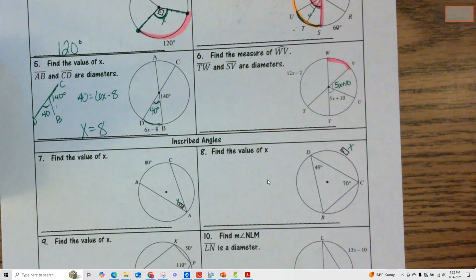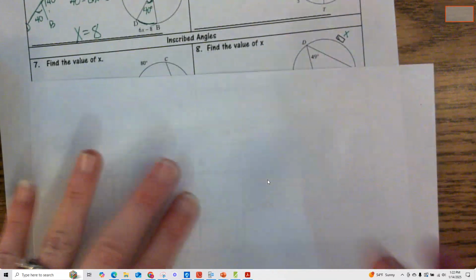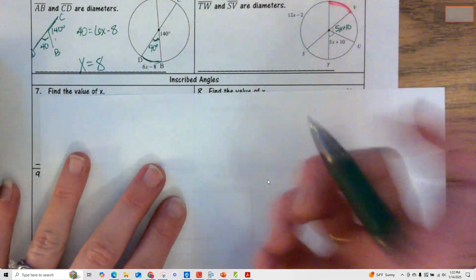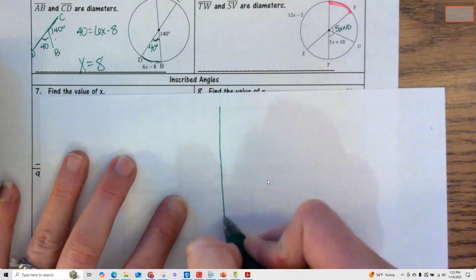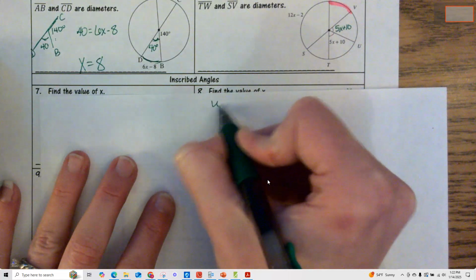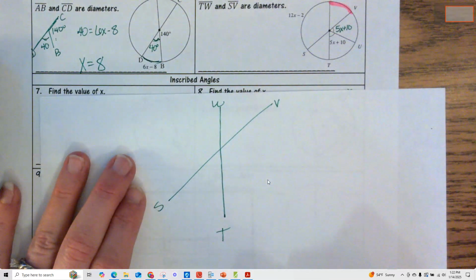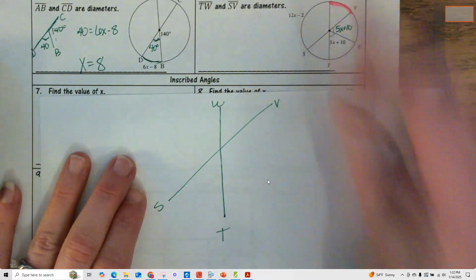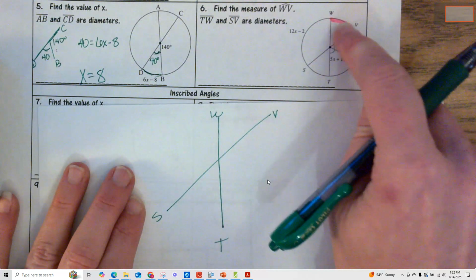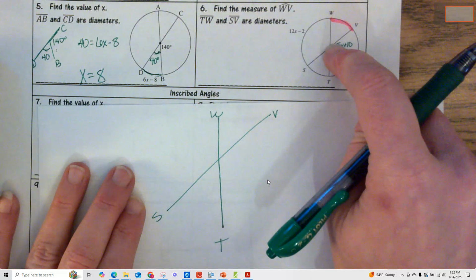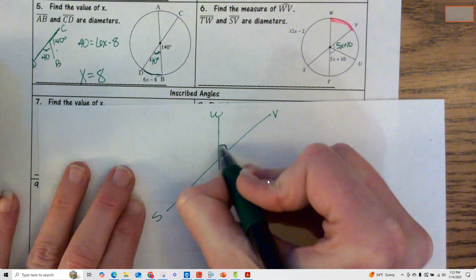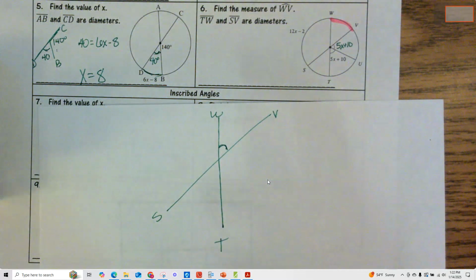Let's look at this one without the circle. Let me just draw those two diameters. So there's TW, and then I've got SV. We're looking for this one up here, right? Which goes with this angle, the central angle. You remember the relationship when we have two lines that cross?